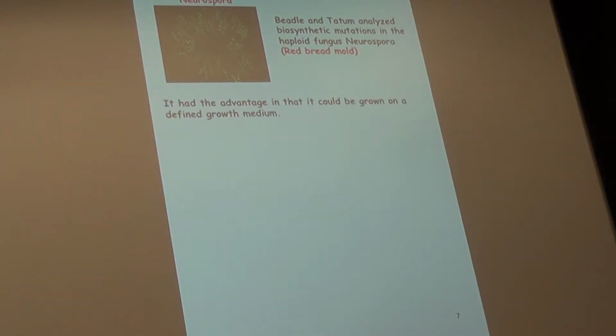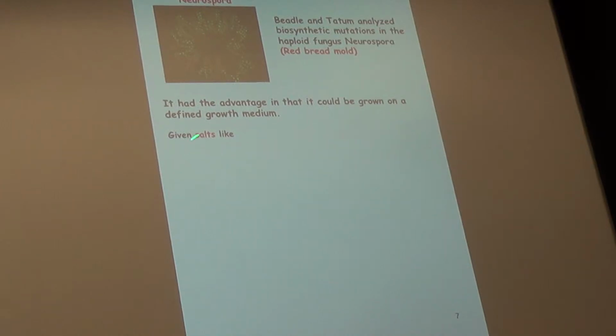So here's Neurospora, a colony of Neurospora. It's a haploid fungus. It's the red mold that you observe on old bread. And there was an important aspect to this experiment that allowed them to perform this. It could be grown on defined growth medium, i.e., if you gave them very specific chemicals, the cells would grow.